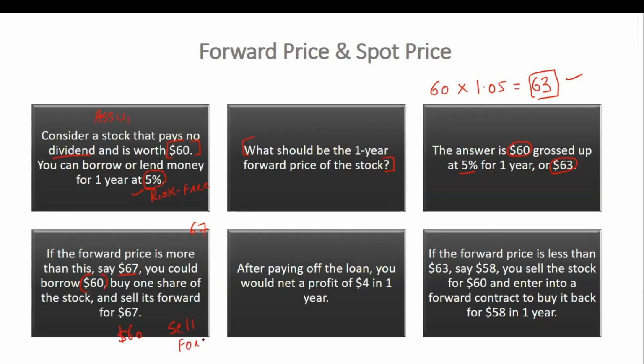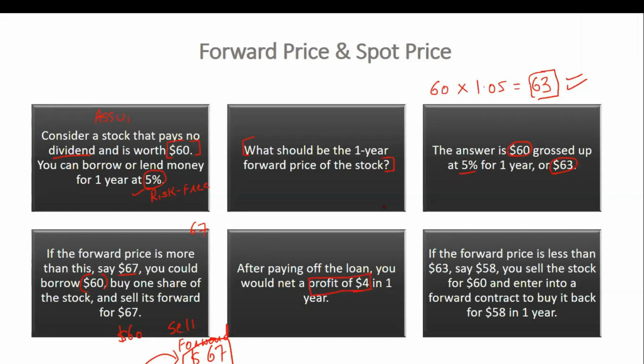Because the forward is trading at a premium. So you sell the forward at $67 and then you just wait. After 1 year, you deliver the stock and you will receive $67. You pay off $63 to the bank and you keep $4 as your profit, right?